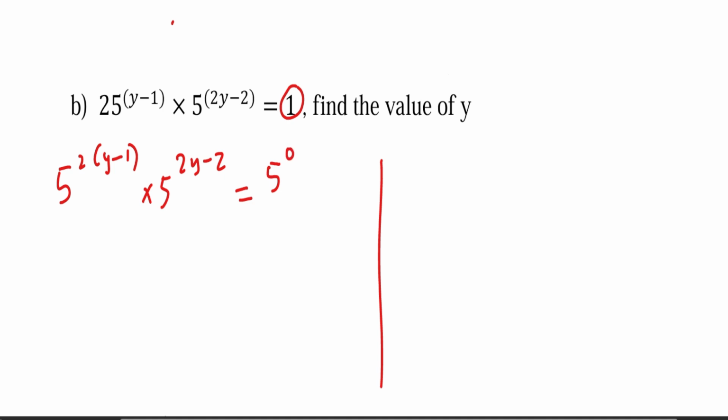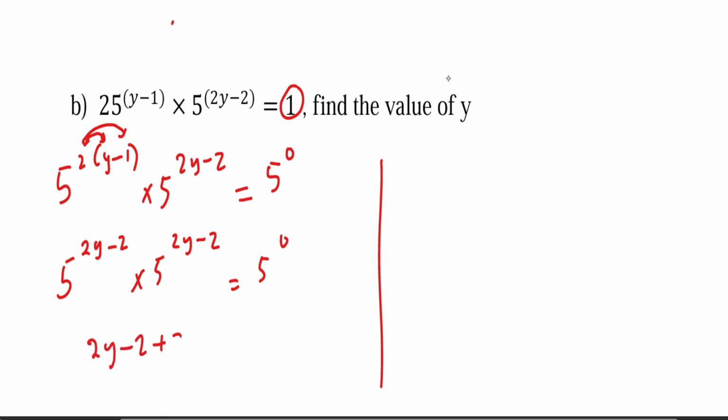the 1 should be written as 5 to the power of 0. So open up the bracket: you take 2 times y and 2 times negative 1 to give you 5 to the power of 2y minus 2 times 5 to the power of 2y minus 2 equal to 5 to the power of 0. Now add the powers: 2y minus 2 plus 2y minus 2 equals 0.